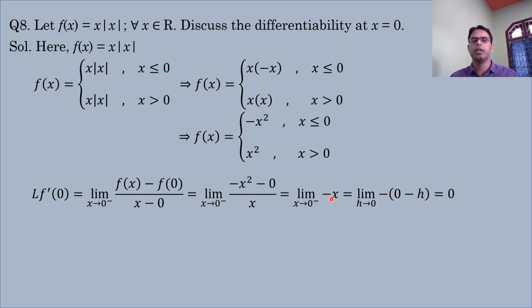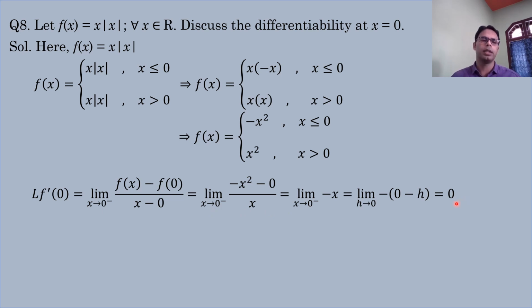Cancelling this, it is minus x, so then making h tends to 0, and so minus h, x is 0 minus h, and using h tends to 0, it is only 0. So left hand derivative is equal to 0.